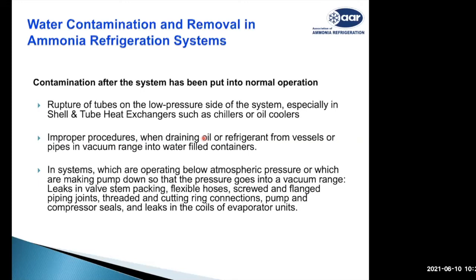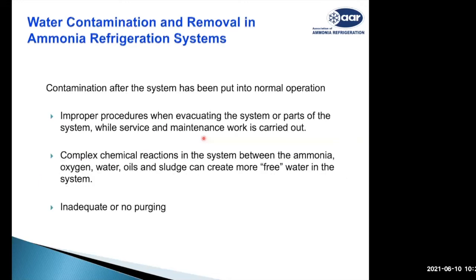For systems which operate below atmospheric pressure, there is also a possibility, as seen on the vacuum gauge. In case of leakage in valve stems and hoses, air will enter, and along with the air there is a possibility of water moisture entering the system.